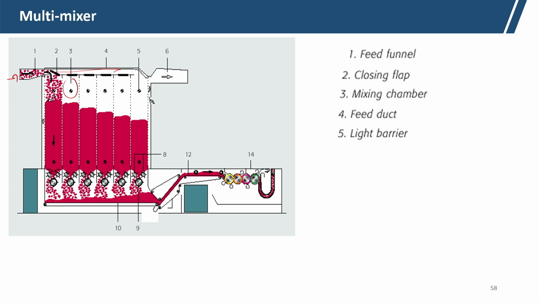If the fiber crosses it, then the closing flap will be activated and the feeding will stop at that chamber. The exhaust air funnel, okay. There will be exhaust air because it is excess air after feeding, otherwise pressure will develop.